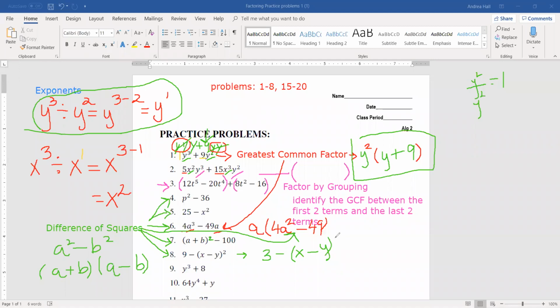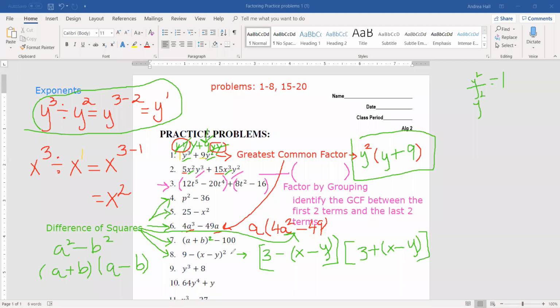Okay? And I would put that in brackets or parentheses, and then do the other set of parentheses, and then I would say 3 plus, I'm actually giving you guys the answer for number 8. And then this would be x minus y as well still. Okay? And that's how you would do number 8.